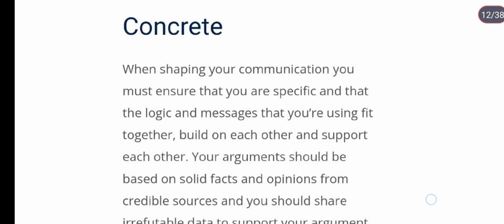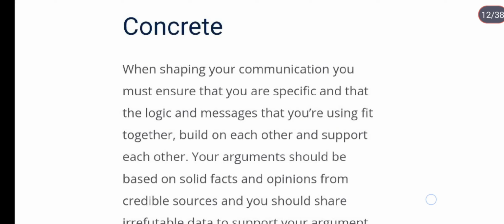The next is concrete. When you are shaping the communication, you must ensure that you are specific and that the logic and the messages you are using fit together and support each other.